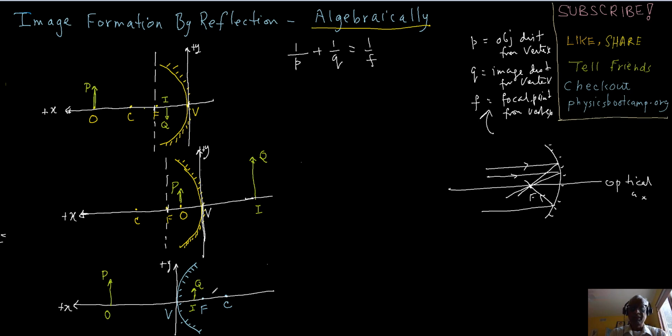In the convex mirror, it's a little bit different. So the mirror is like that. Just like here, if your ray came from this side, nothing will happen because this side is not reflecting. Only this side is reflecting.